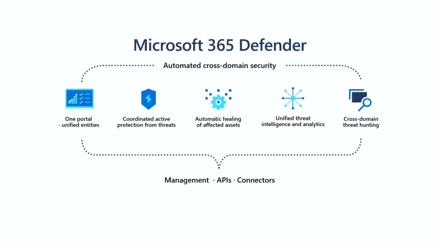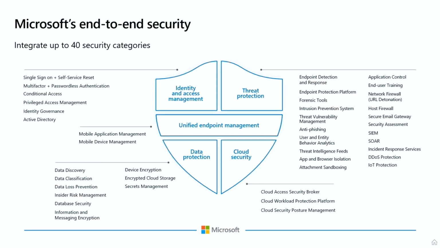One portal, automatic healing, unified experience, being able to hunt threats cross-domain, cross-device, cross-territory, all in one pane of glass. Real quick, this is just to give you a good example of all the security categories for the Microsoft solution all up, from conditional access and single sign-on for identity and various device management capabilities with what used to be known as Intune.